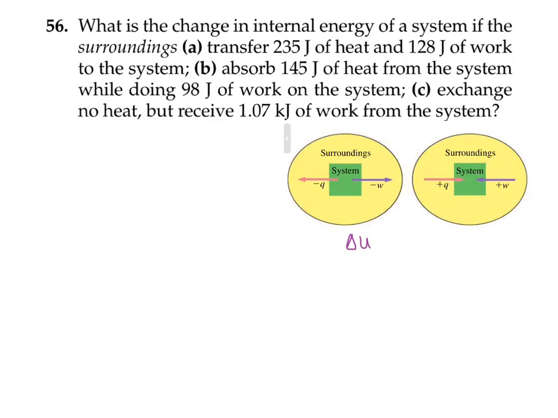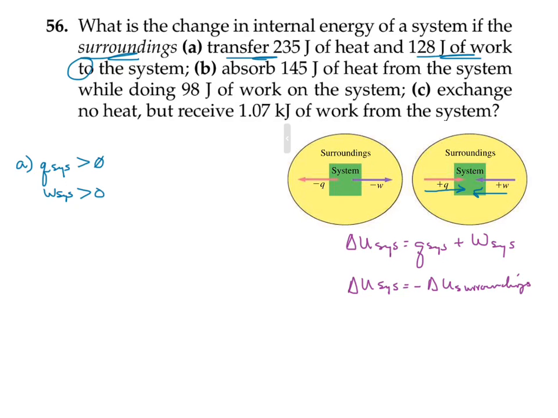And then the next one is kind of similar, and I gave hints for those. I would say 56 is a little different in that it's asking what the change in internal energy of a system is if the surroundings, in this case, gives you what the surroundings is doing. So I will tell you, it is different.